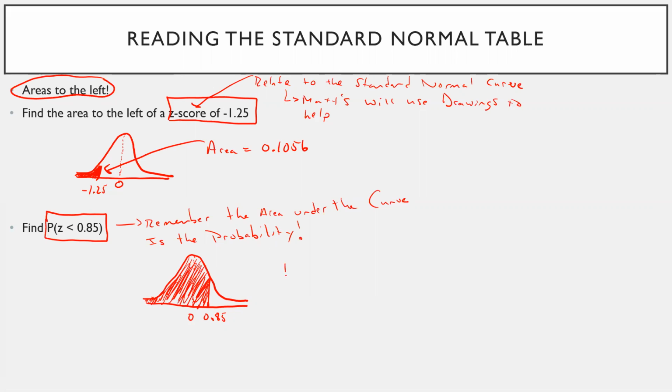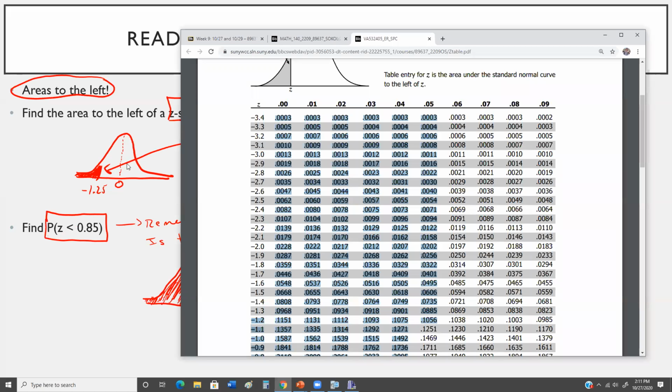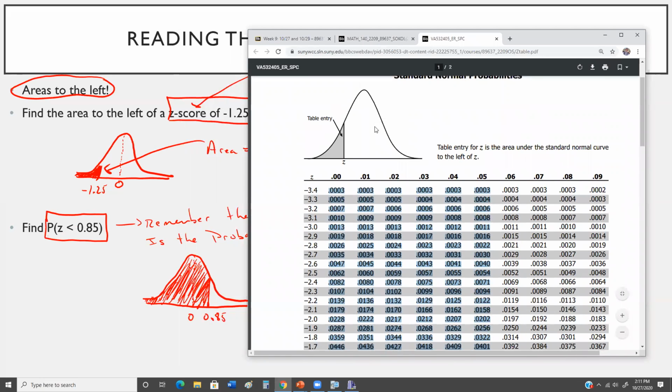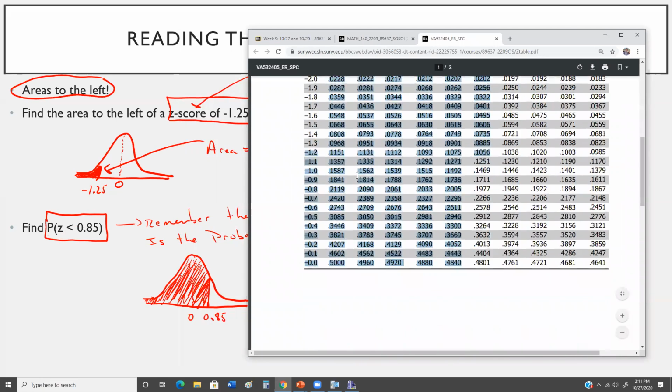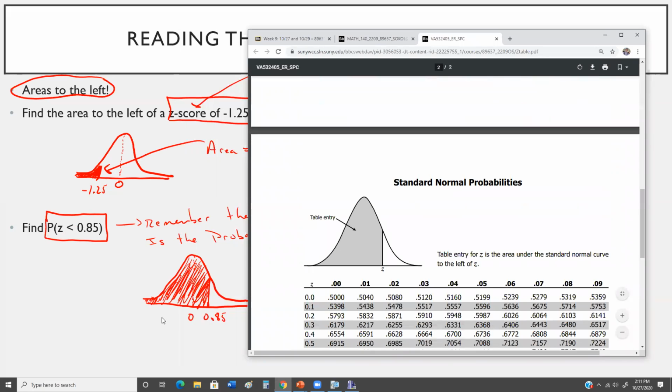Now I want to find the probability that z is less than 0.85. Let me go back to my table. This curve doesn't really look like this one, so I'm going to go to the second page. Does this curve look a little bit more like this one, with a lot more area shaded in?